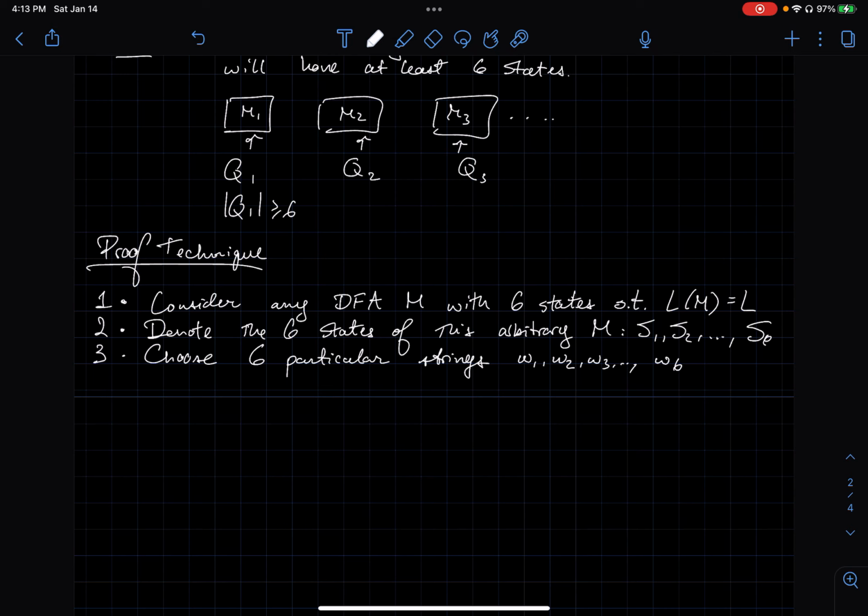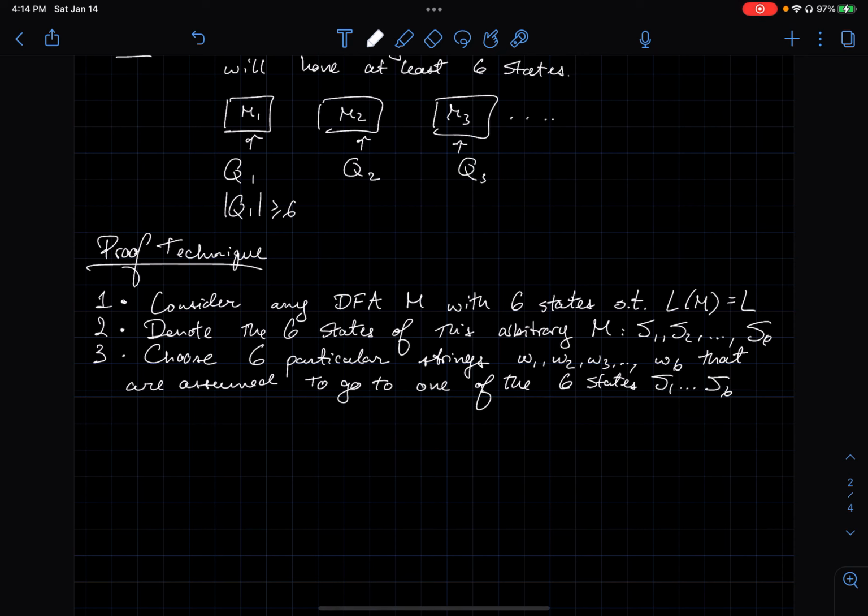That I assume, okay, so I choose 6 particular strings, W1 to W6, that are assumed to go to one of the 6 states, S1 to S6.